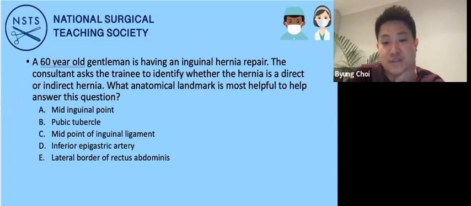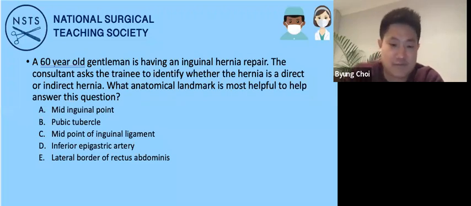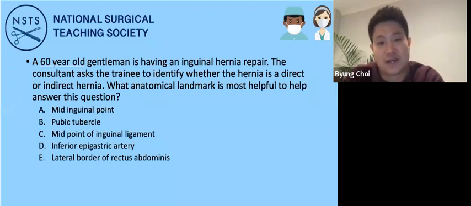C, the midpoint of the inguinal ligament is the location of the deep inguinal ring. And so some people may think that might be a good location to find. So if you could potentially reduce a hernia, then occlude that area and ask for someone to cough. Do you feel pressure on that area or not?